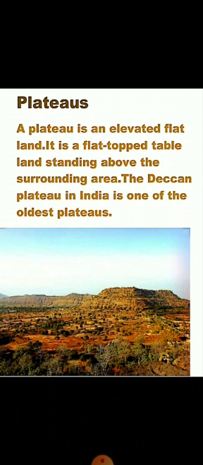The Deccan Plateau in India is one of the oldest plateaus. Plateaus are found in almost all continents of the world. For example, the Colorado Plateau in the United States, the Bolivian Plateau in South America, and the plateaus of Antarctica, Arabia, Iran, and the Tibet region of China.